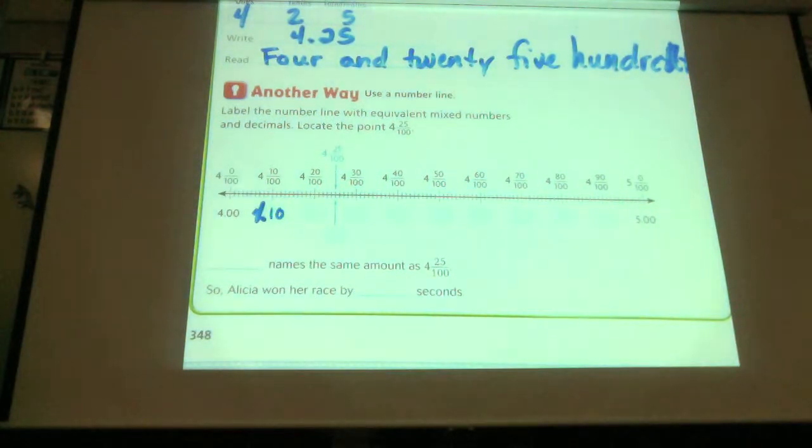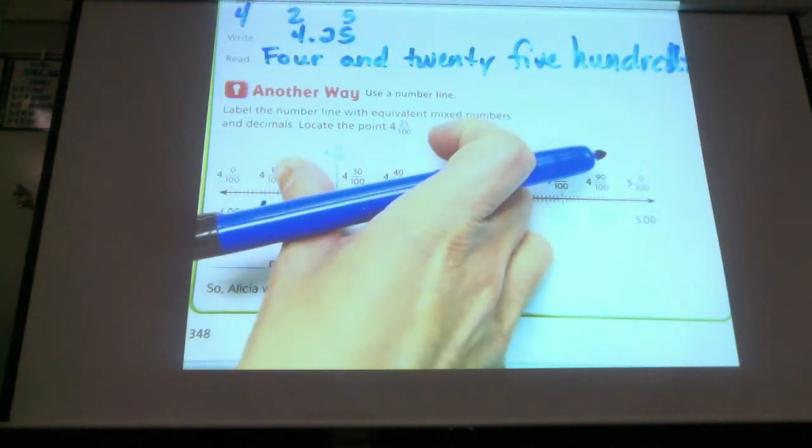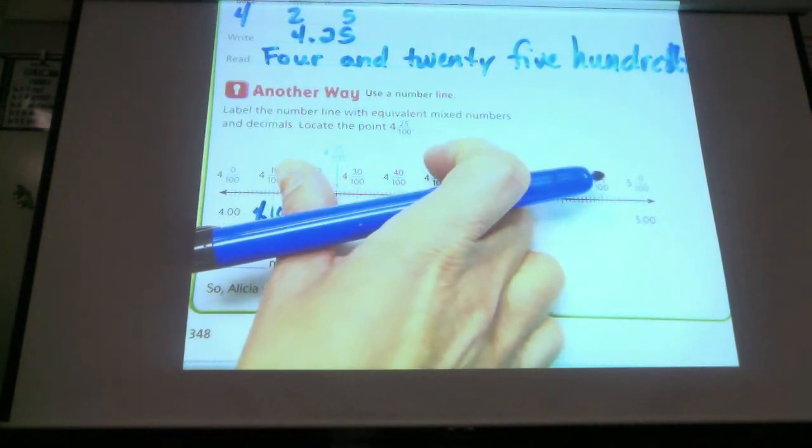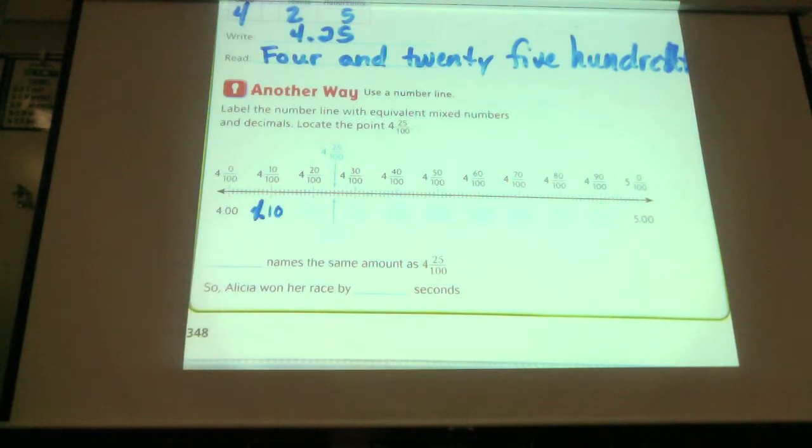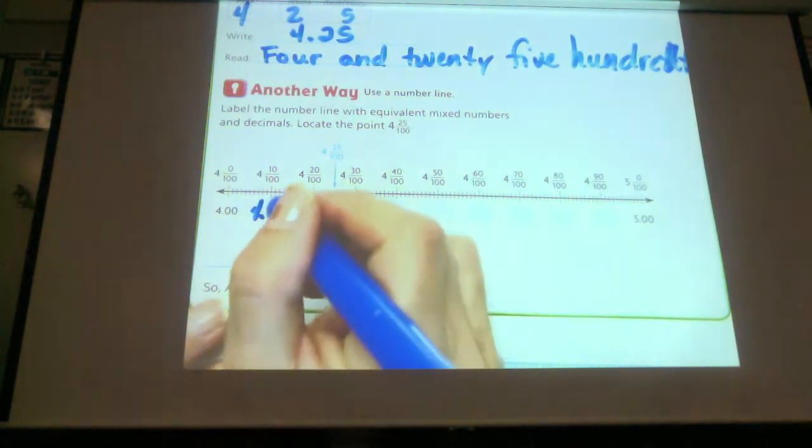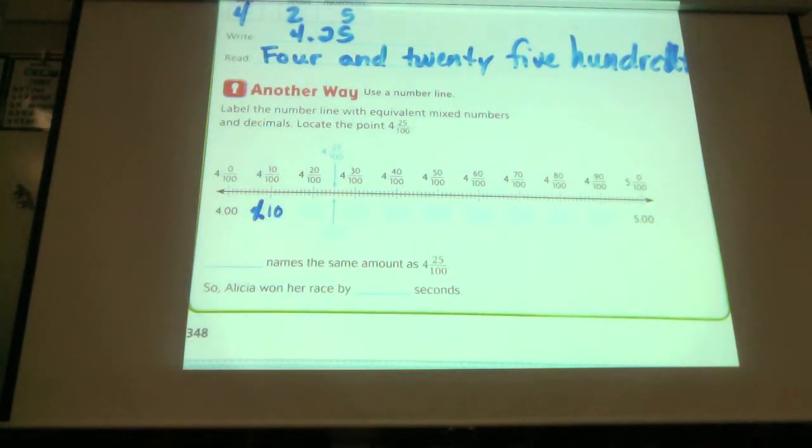Correct. 4.10. Remember, 10/100 is the same as 1/10. Remember? It's just like this, taking the zeros off. Okay, 4 and 10/100. What is 4 and 20/100 going to look like? Angeli.